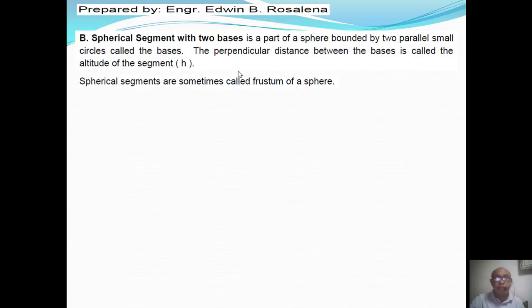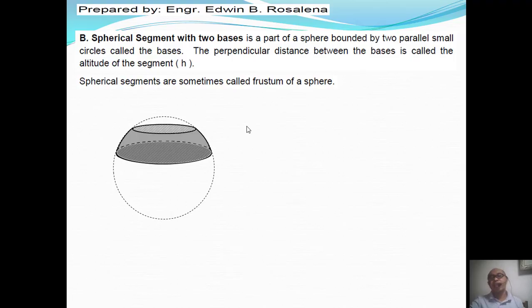By the way, sometimes spherical segments are called frustum of a sphere. So possibly you may encounter a problem where the name is not spherical segment, but is termed as frustum of a sphere. Okay, this is the spherical segment with two bases.